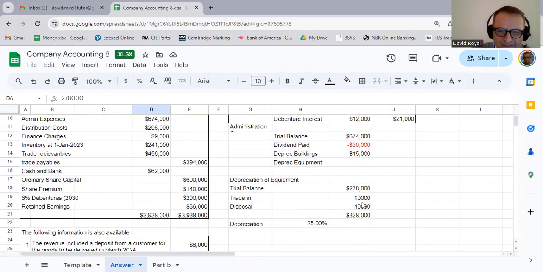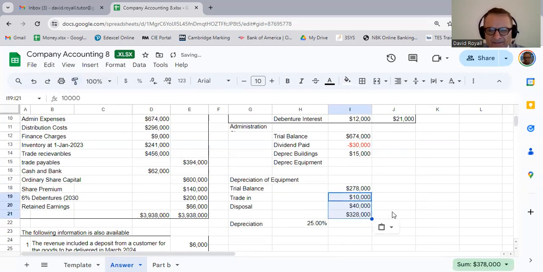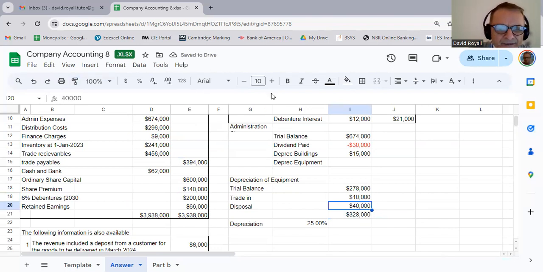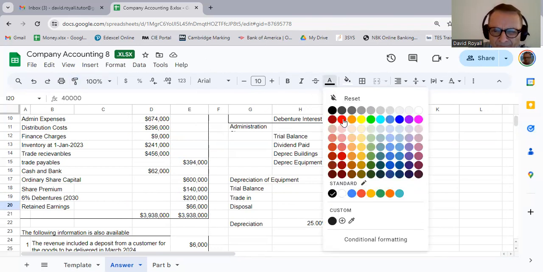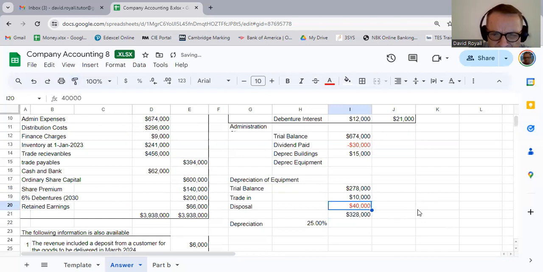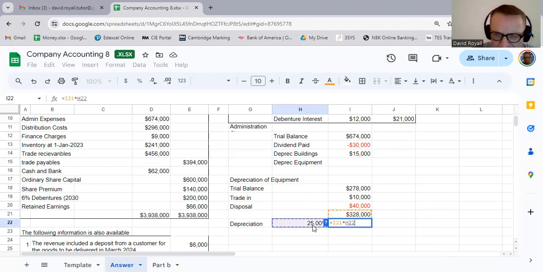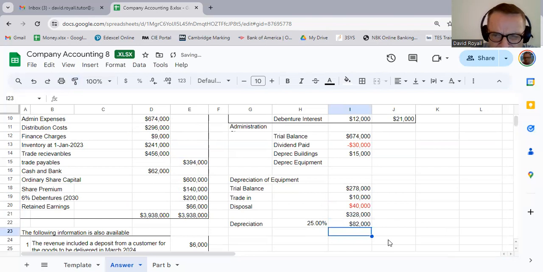But because we hadn't accounted for these other two figures, we've had to factor that in. And remember that is a negative figure. So again, I'll put that in as a disposal. And 25% of that now gives us our depreciation at 82.